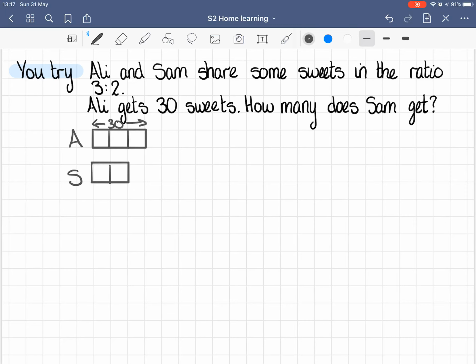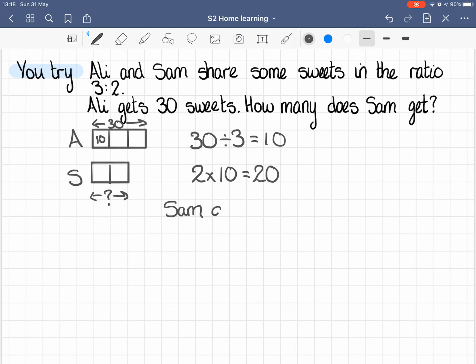This time I want to know how many does Sam get. So I want to know how much is Sam's part worth. So I'm going to take Ali's 30 sweets and split them between his 3 equal parts. This tells me each part is worth 10. Now I know that Sam has 2 parts of 10. So 2 times 10 is 20. So Sam will get 20 sweets.